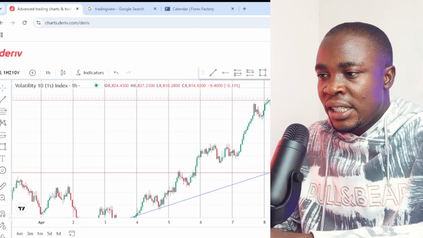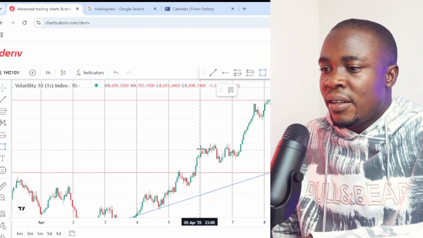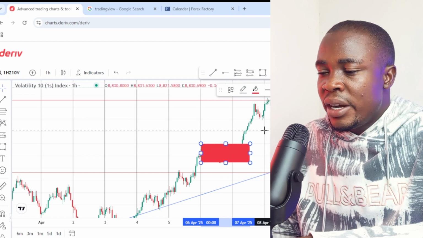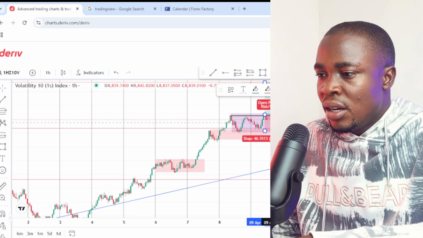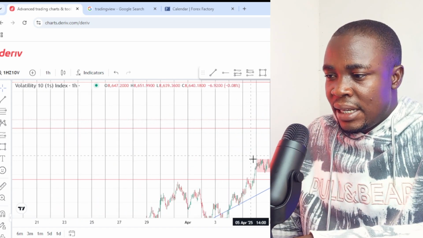If we have a trending chart like this, what you just need to do is identify this range. A breakout of a range is going to give you another trend, provided you are on the exact same time zone that the market is moving.